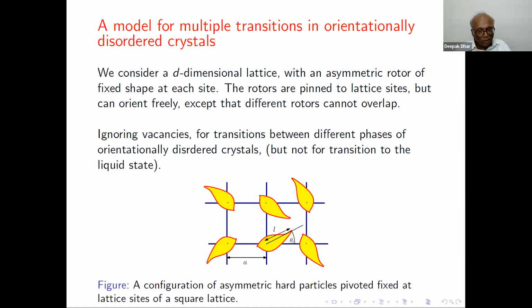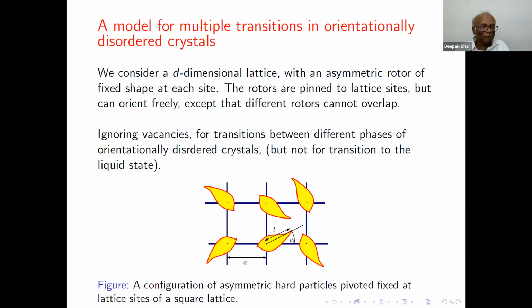Okay, so now coming back, connecting it to the stuff I discussed before, if you want to discuss the solid to liquid transition, the crystal has to go away in the liquid phase. In this model, the crystal will never go away. It is there and it doesn't change.